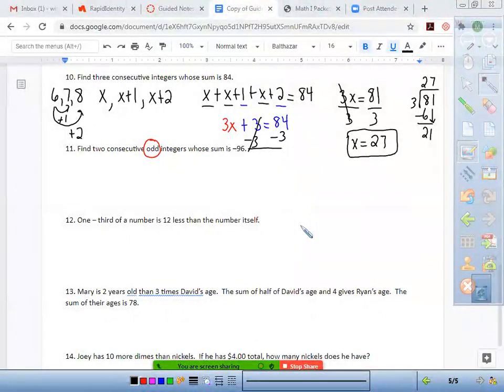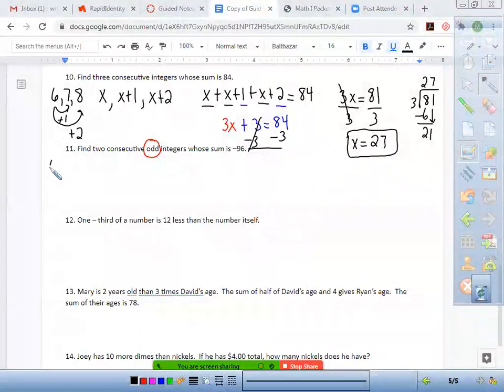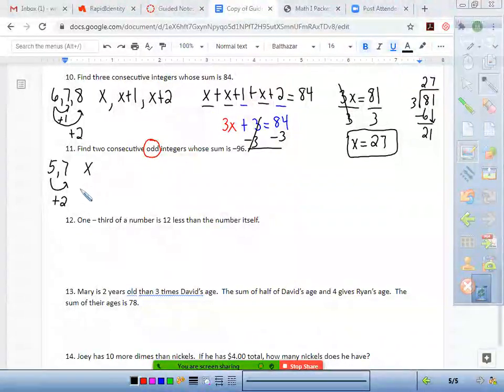And so I'll use an example just to kind of get our thinking. So let's say the number is 5. What's the next odd number after 5? 7. So how do you go from 5 to 7? Plus 2. So if I don't know what the first one is, I'll call it x.